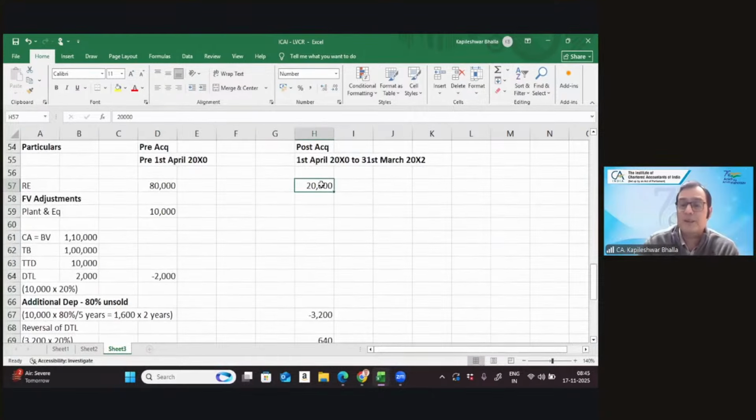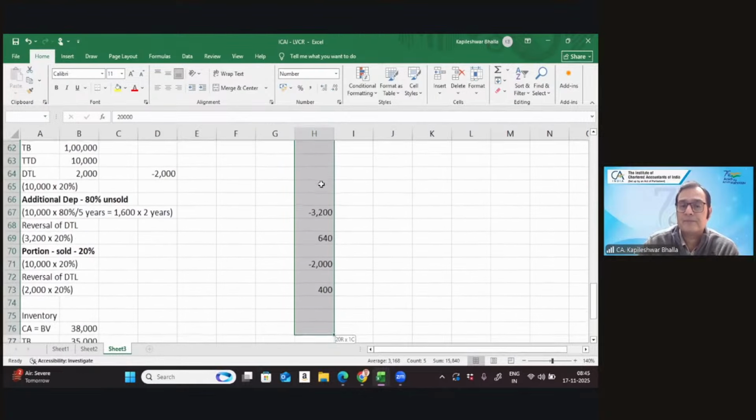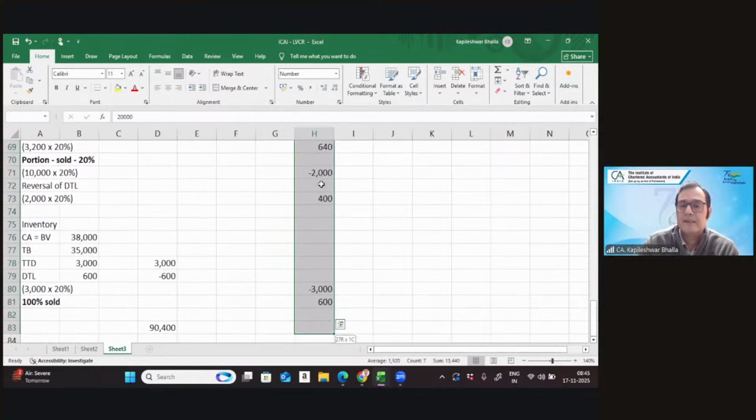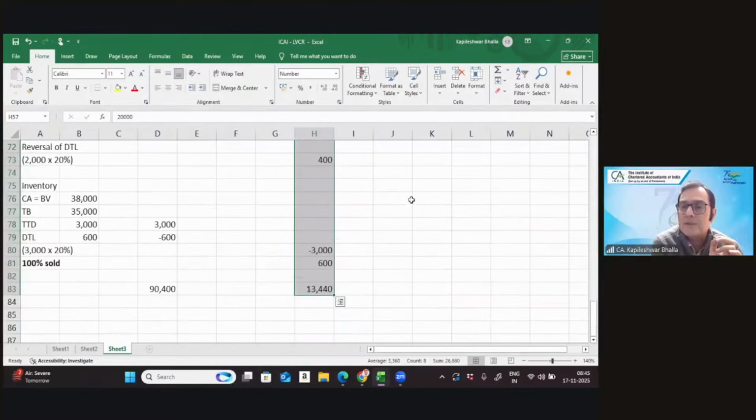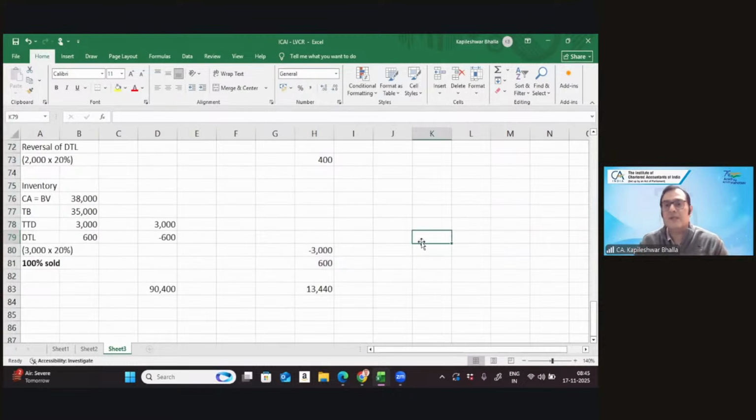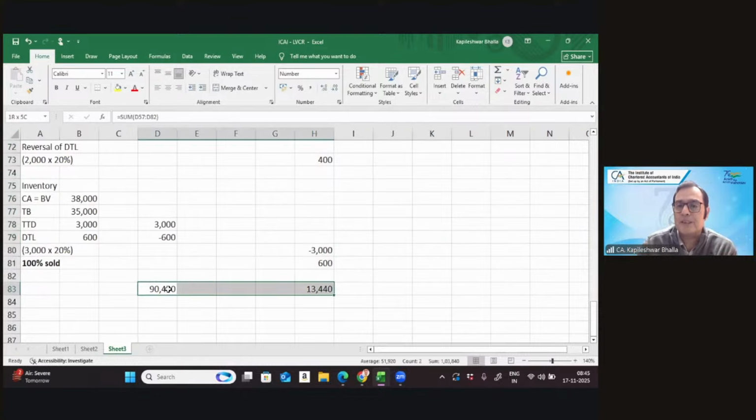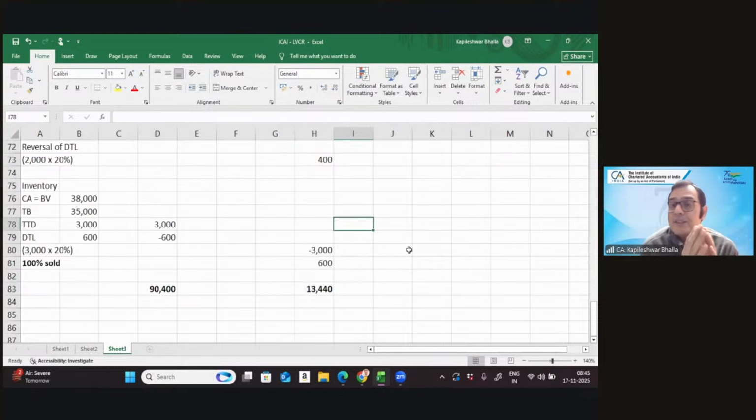Let's also take the total of the post. And this works out at a total of 13,440. So I think this gives me the pre and the post acquisition inputs in this particular case. Wonderful indeed. Okay, so this input is done.